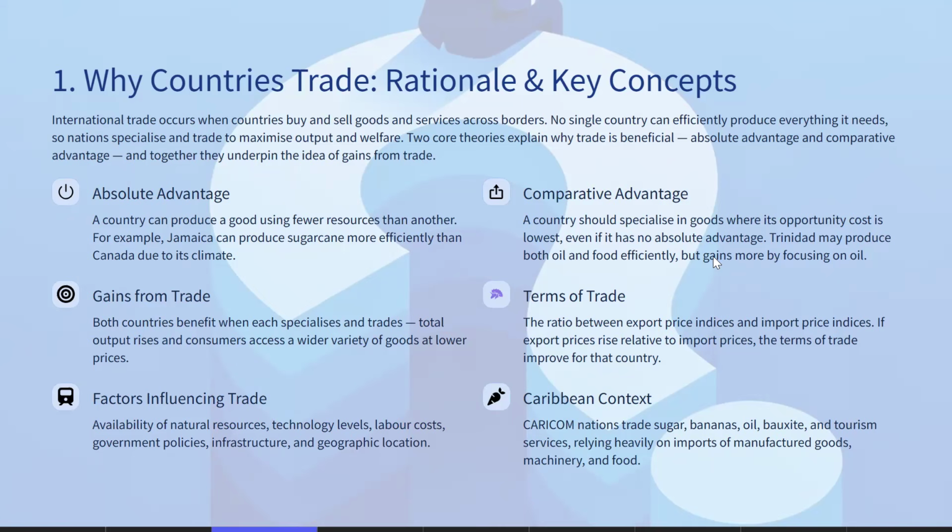The comparative advantage now looks at the opportunity cost. How much a country has to give up to produce another good or service. So if you have to give up less than the other country to produce a good or service, then you have the comparative advantage.